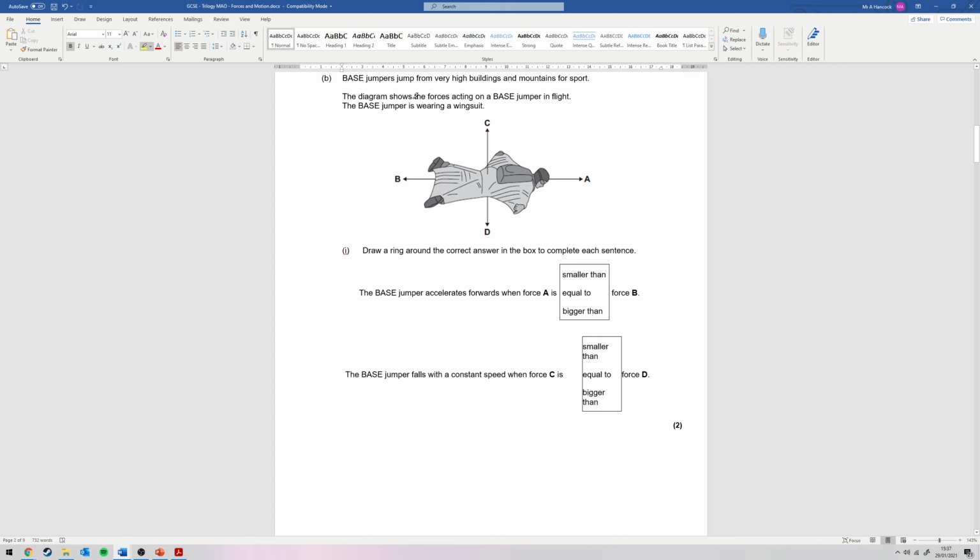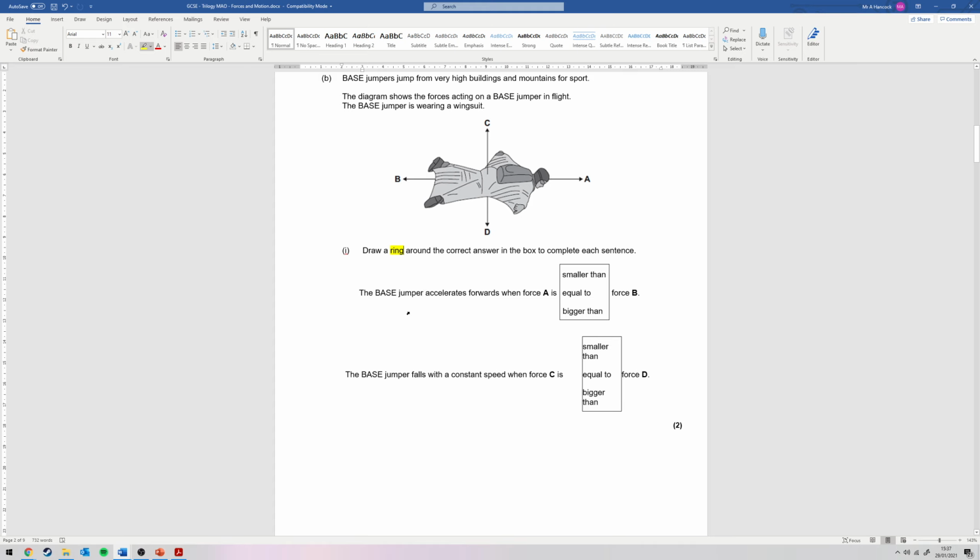B. Base jumpers jump from very high buildings and mountains for sport. The diagram shows the forces acting on a base jumper in flight. The base jumper is wearing a wingsuit. Draw a ring around the correct answer in the box to complete each sentence.